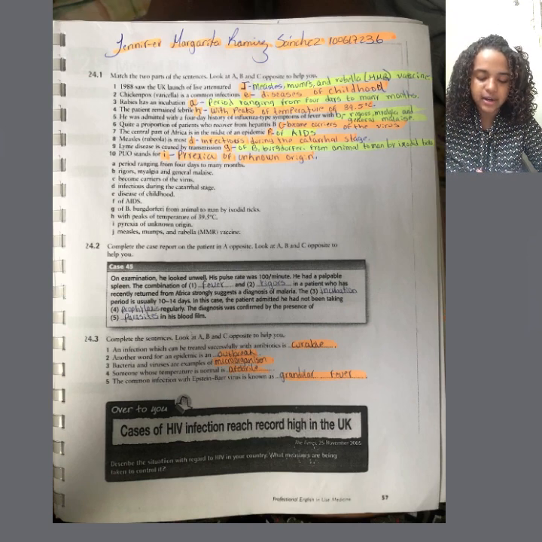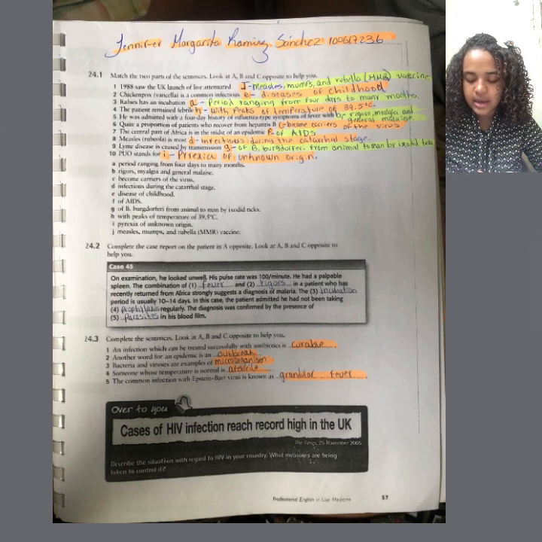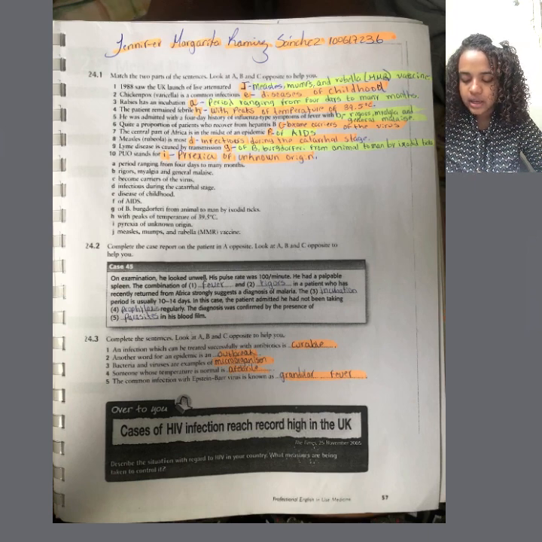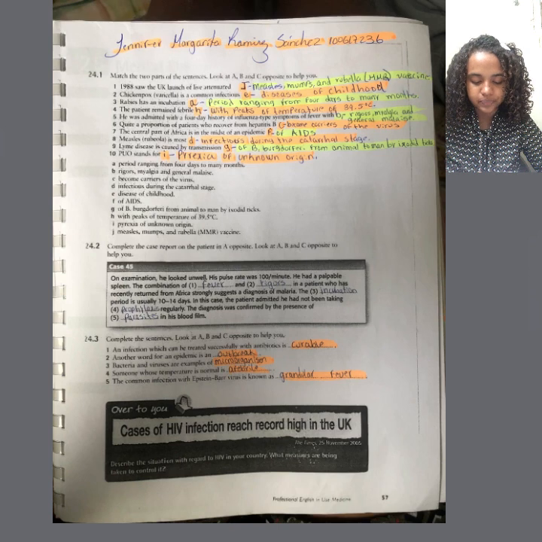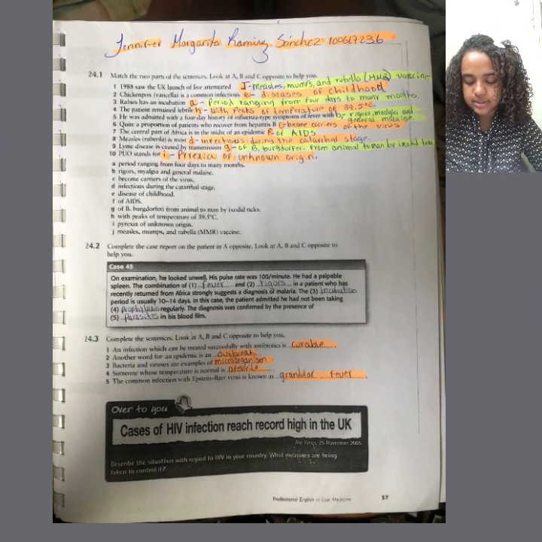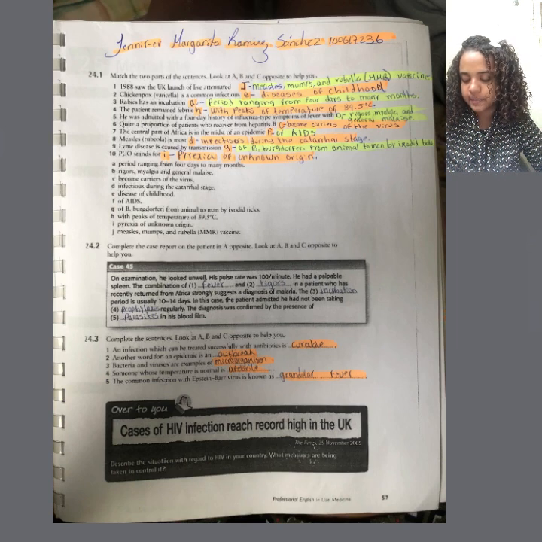Case 45. On examination, the patient looked unwell. His pulse rate was 100 per minute. The spleen was palpable. The combination of fever and rigors in a patient who has recently returned from Africa strongly suggests a diagnosis of malaria.